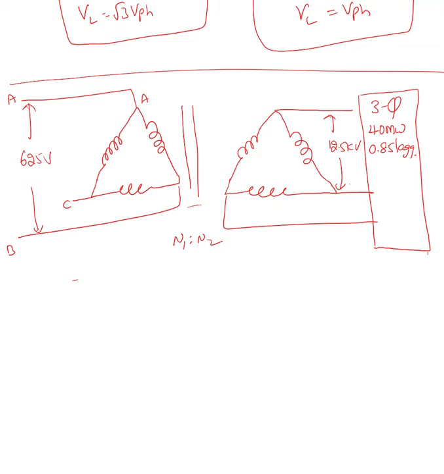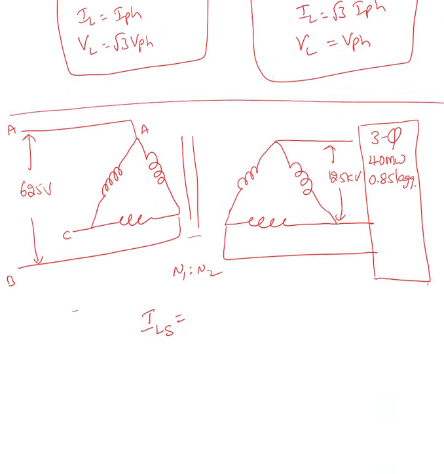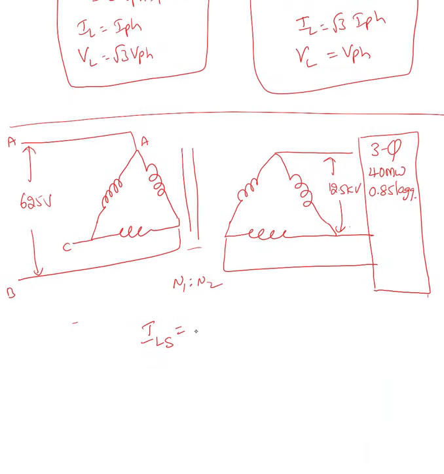So what is N1 is to N2, the current on the primary side of the transformer and current on the secondary side of the transformer. We can find phase currents and line currents, everything. Now first thing, whenever I see that 40 megawatt and 0.85 and 12.5, I can find IL, the line current of secondary, ILS.